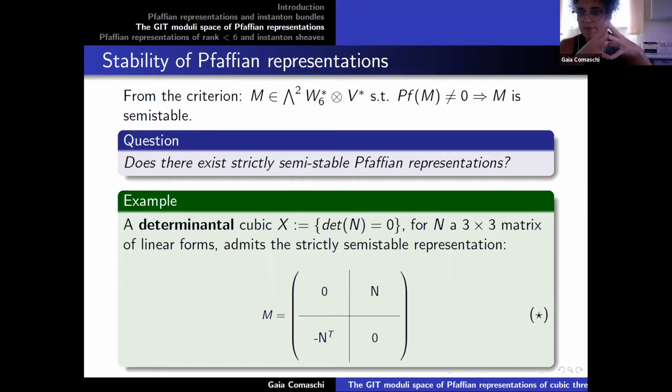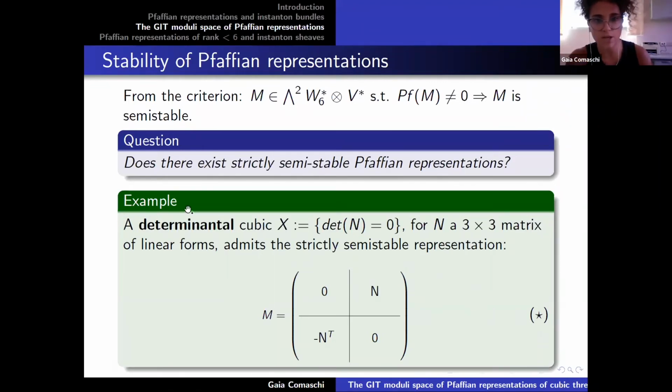One of the first questions in GIT theory is whether all the semi-stable points are stable, or we also have strictly semi-stable ones. The answer is positive, we have strictly semi-stable representations, and an example is provided by the determinantal cubics.